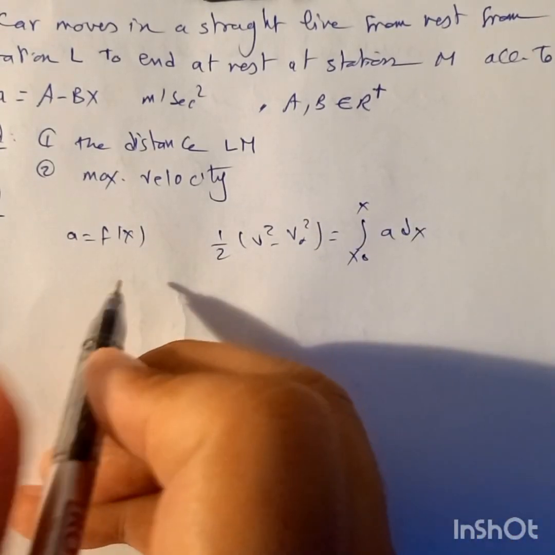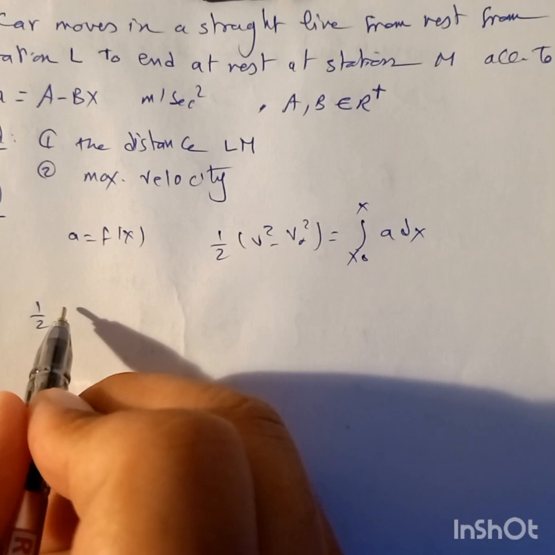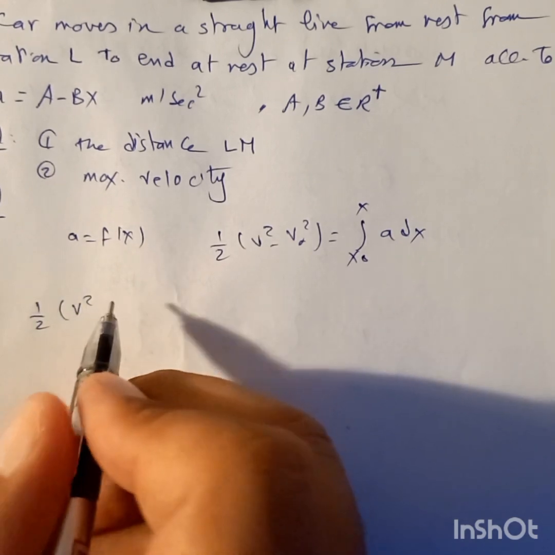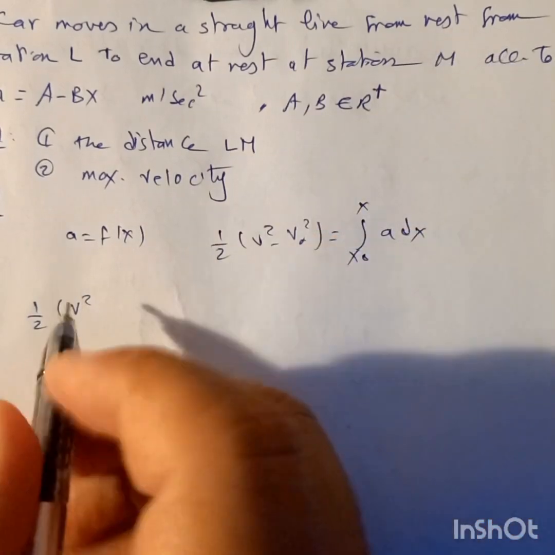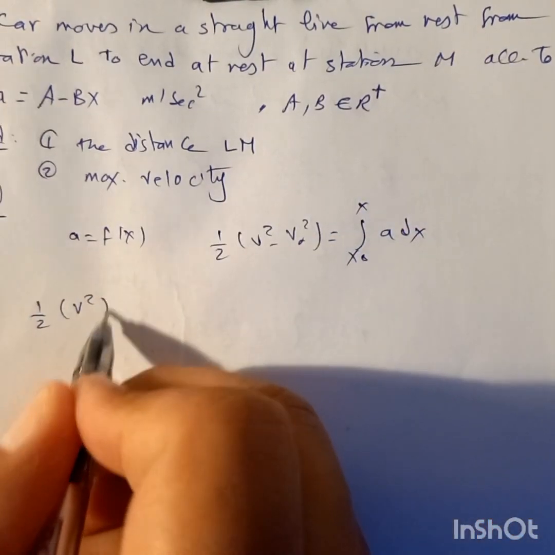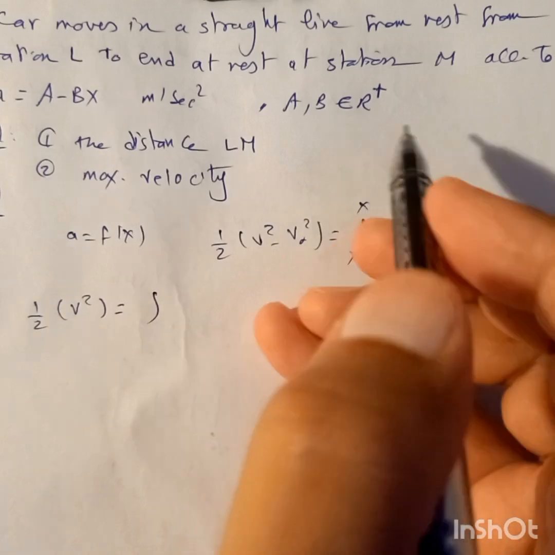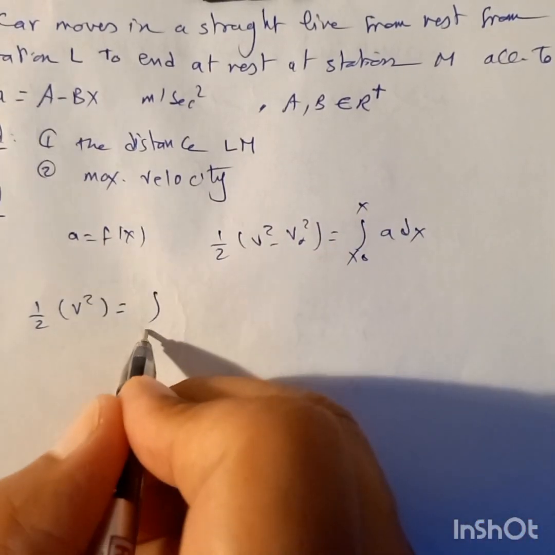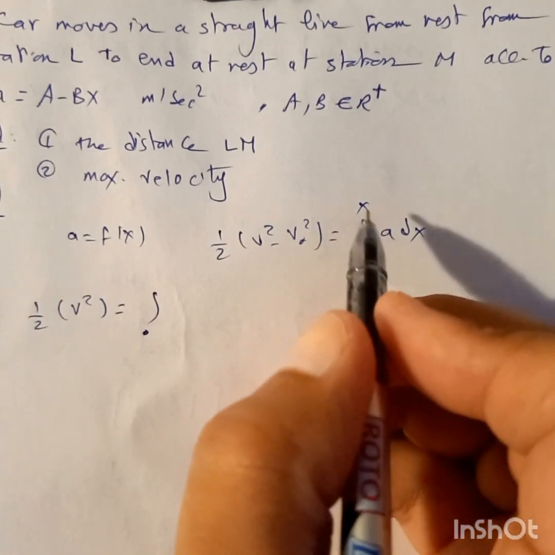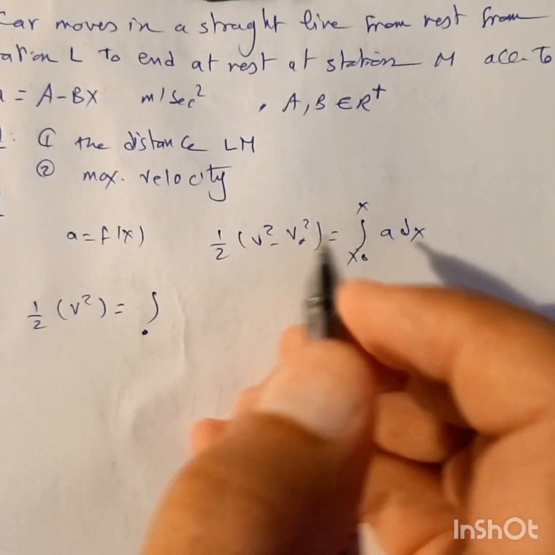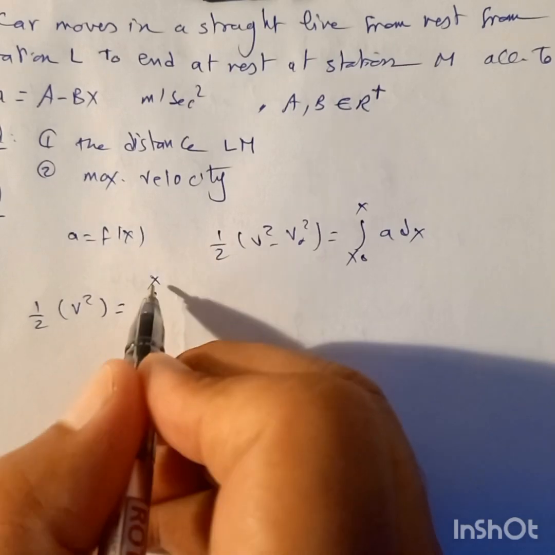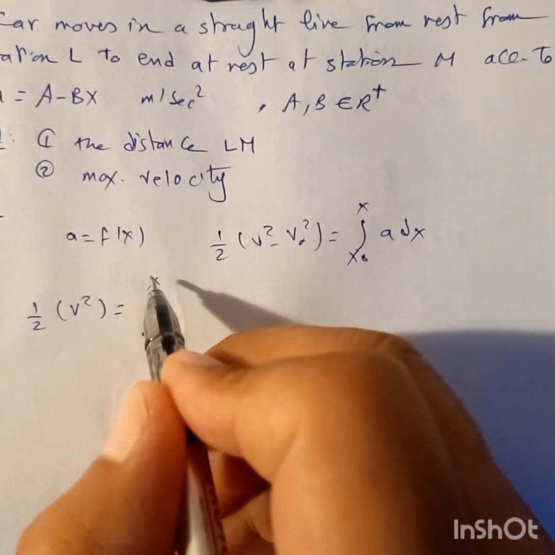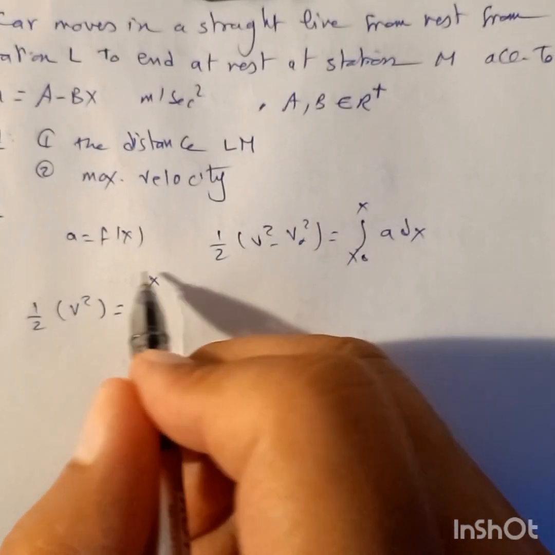Okay, here we have half v squared minus v naught squared, where v naught equals 0 as the motion starts from rest, equals the integral from x naught, the fixed point station L, which we assume at 0 displacement, to x, which is required to find. Okay, x here is the position of station M, and from 0 to x is the distance LM, so it's required to find x.